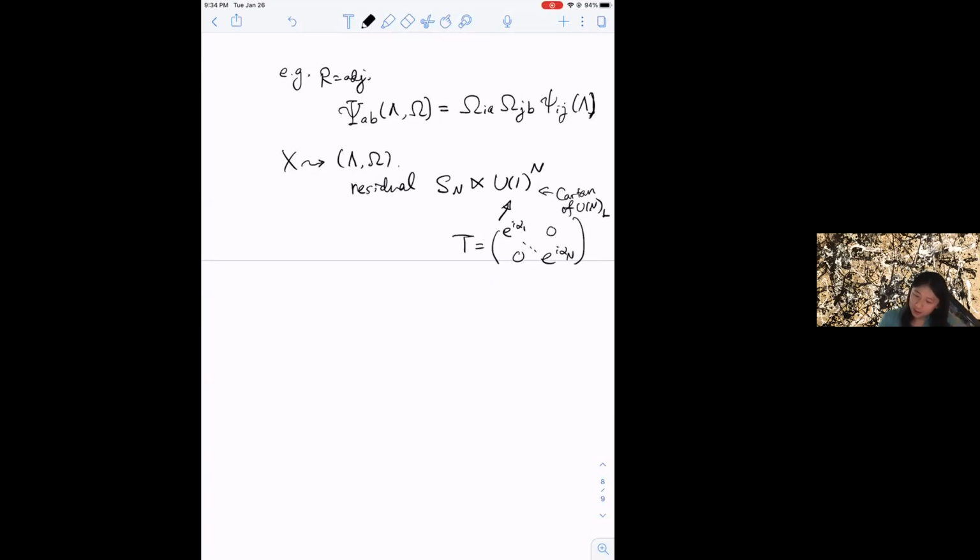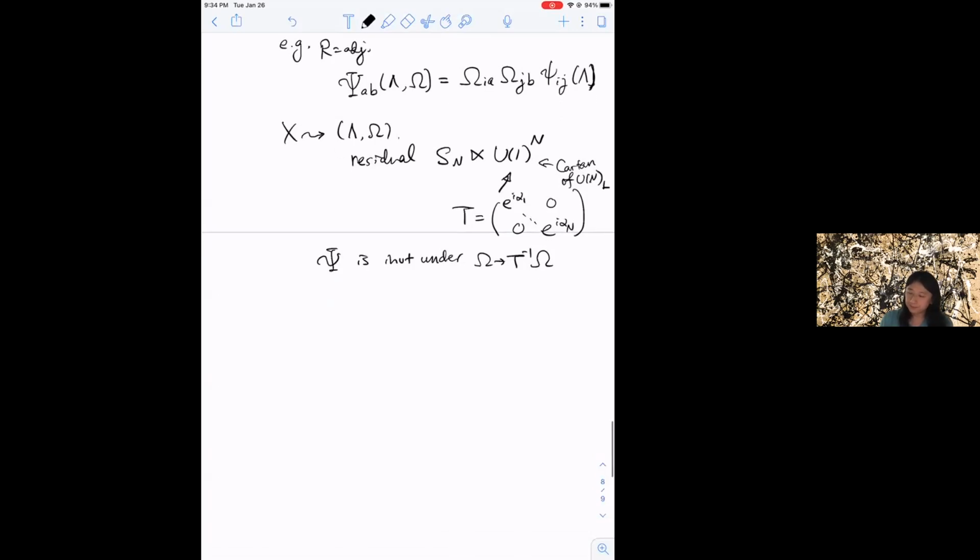So by construction, the psi is invariant under omega goes to t inverse omega, because it preserves x.